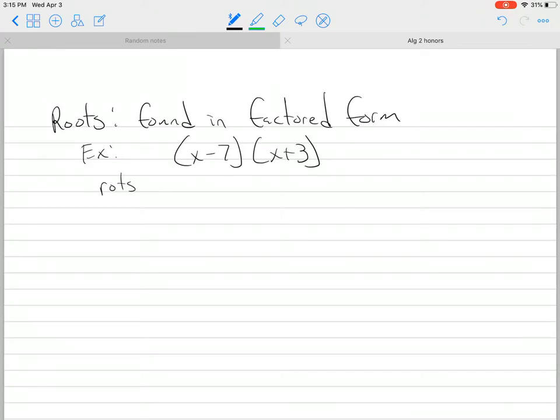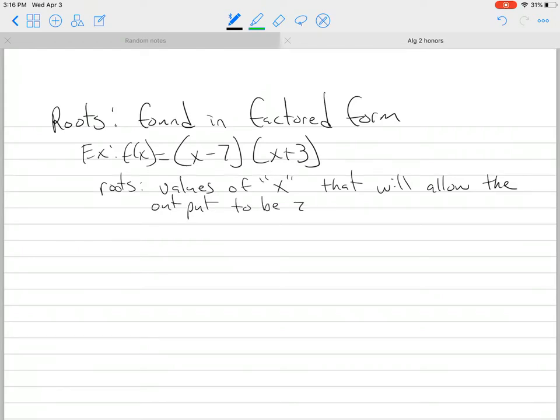The roots are the values, and we talked about this in your exit ticket today. The values of x that will allow the output, right, f of x or y, to be 0.